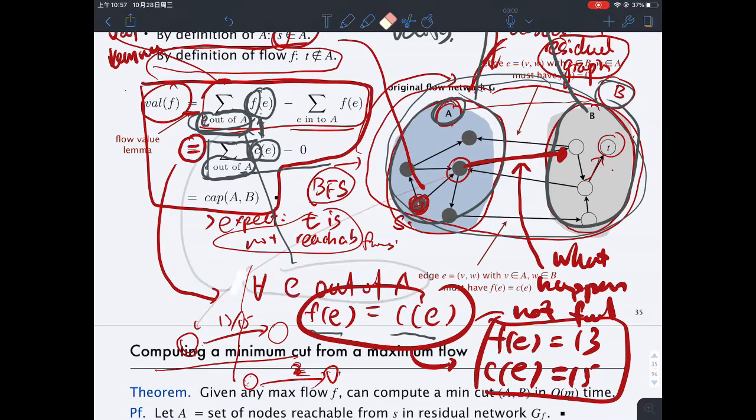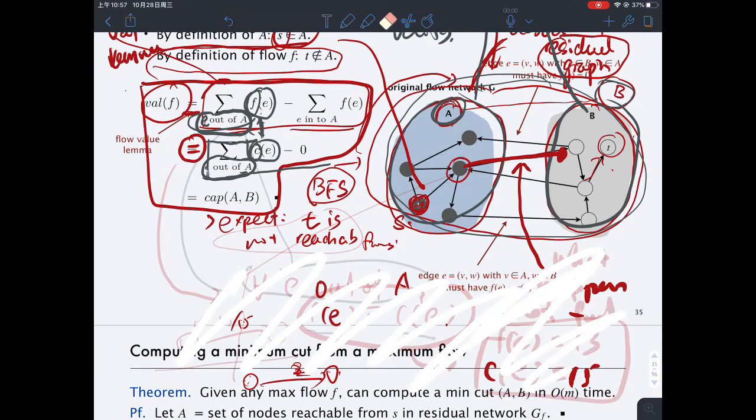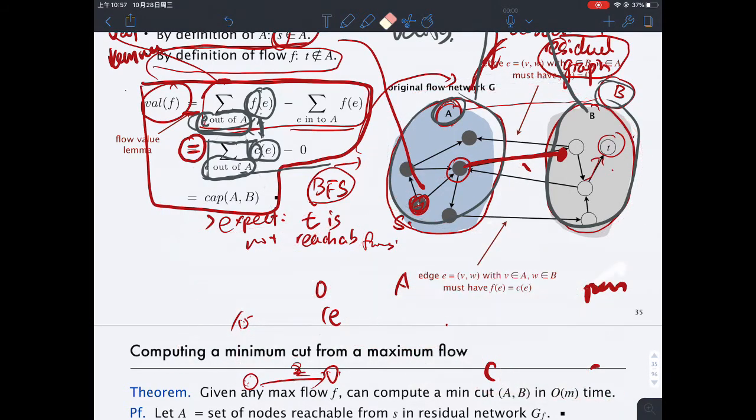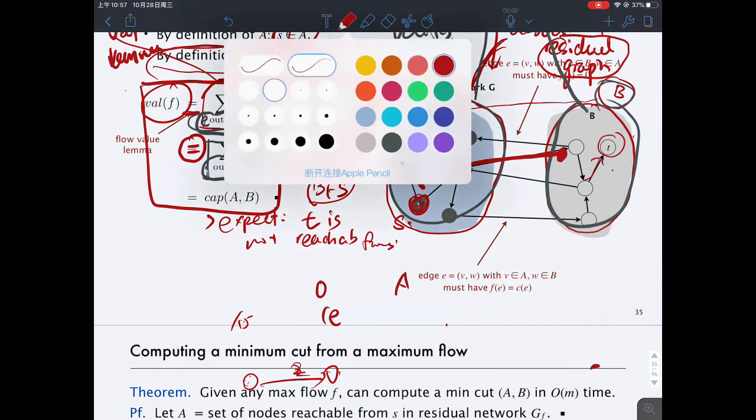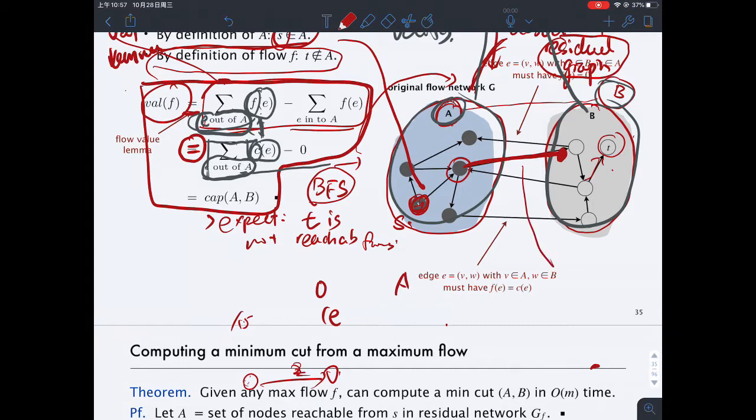Let me erase everything and elaborate on what I'm talking about. I'm making the claim that this particular edge has to be, for instance, 15 out of 15. If this is not true, let's imagine that it's 14 out of 15, and I look at the residual graph.